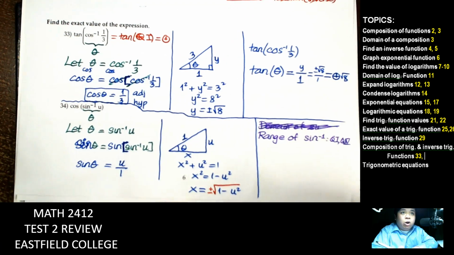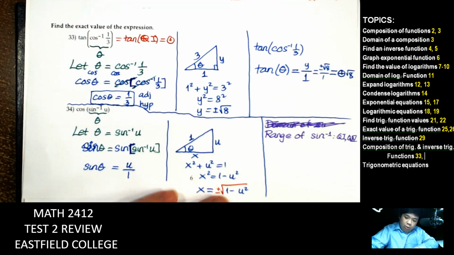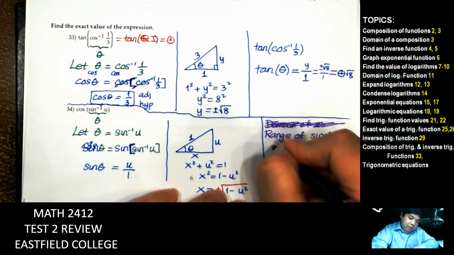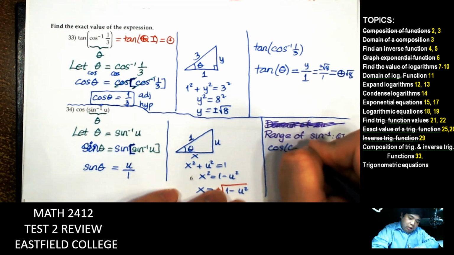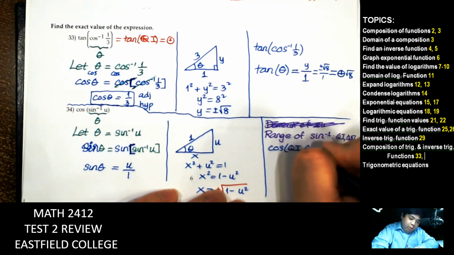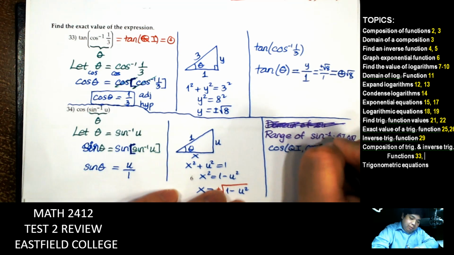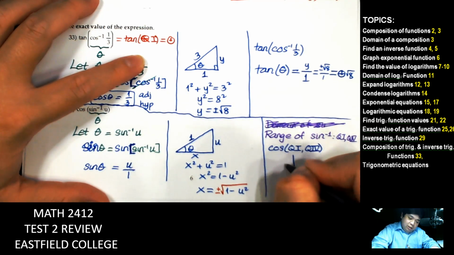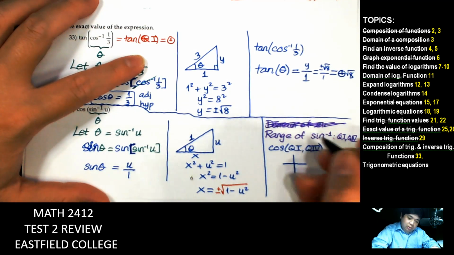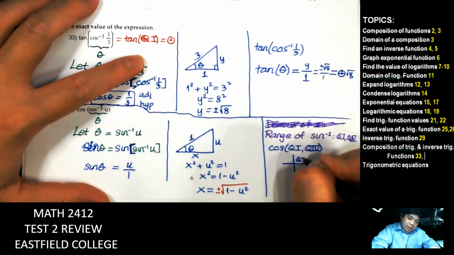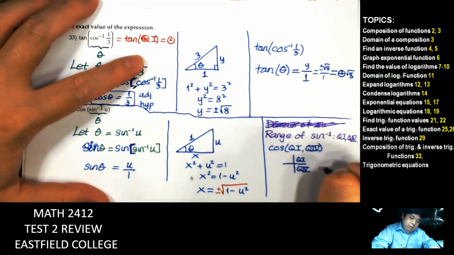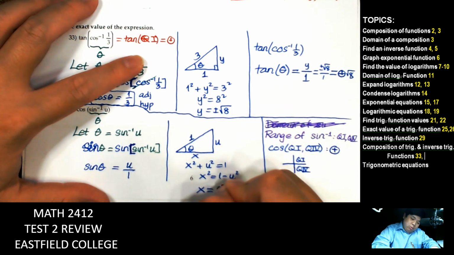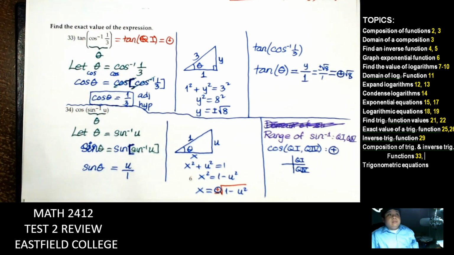Quadrant 1, quadrant 4. So we're going to have cosine of quadrant 1 or quadrant 4, cosine of those quadrants here or here. The x value is positive, so it's going to be positive, and we choose positive.